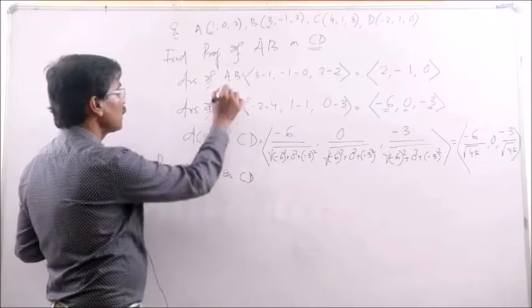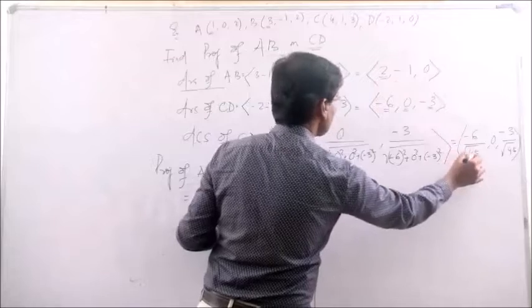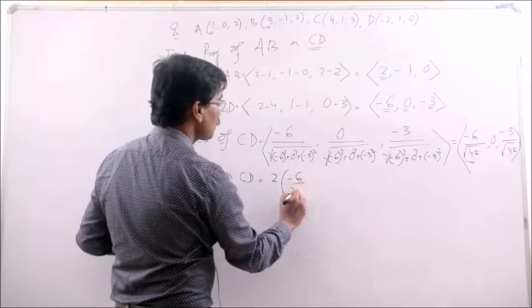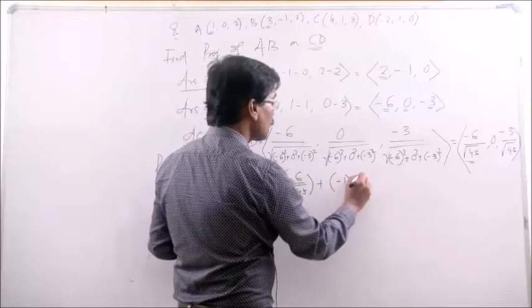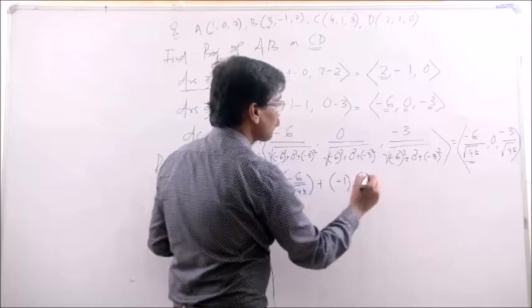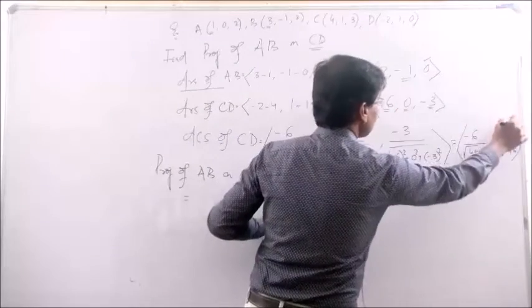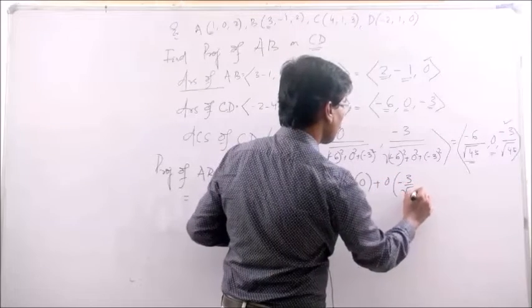is equal to direction ratios into direction cosines, that is equal to 2 into minus 6 by root 45 plus minus 1 into 0 plus 0 into minus 3 by root 45.